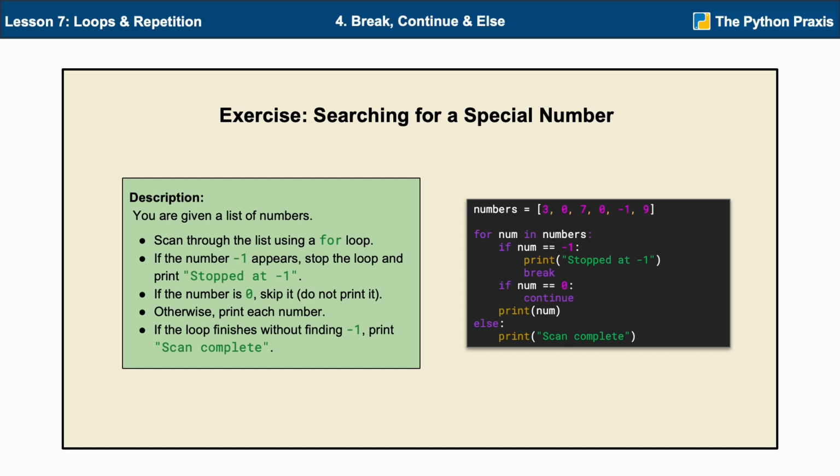If 0 is found, then the continue statement proceeds to the next iteration without printing anything. If 0 is not found, it prints the current number. Last is the else statement that will only run if the loop finishes without breaking, which means without finding the number -1. So in case the loop finishes naturally, it prints the message "scan complete".